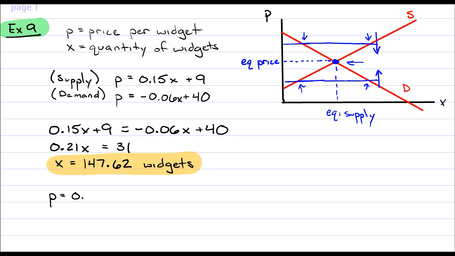So this gives me 0.15 times 147.62 plus 9. And if I calculate that, I'm going to get 31.14 when I round to 2 decimal places, and that's a price, so that's the equilibrium price in dollars. Okay, so 147.62 is the equilibrium supply, and 31.14 is the equilibrium price.